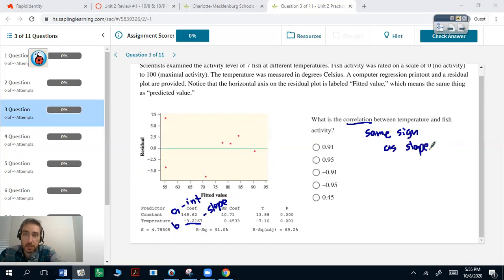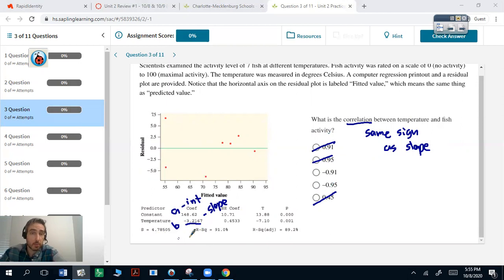So let's not use the positives there because correlation is going to have a negative association. These points overall trend downward. So we know it's going to be negative, and negative 0.91 versus negative 0.95.